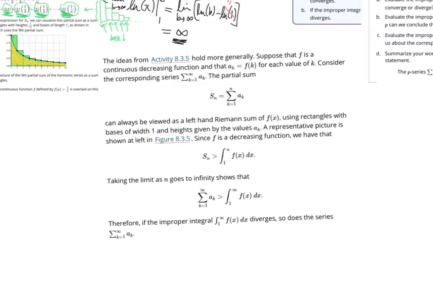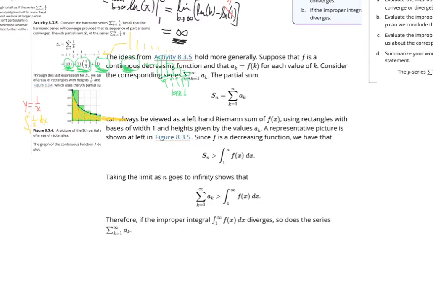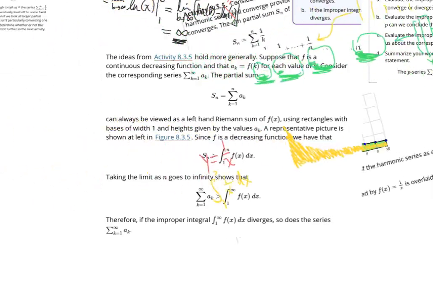If f is a continuous decreasing function and the terms of our series are given by the function evaluated at positive integers, then we have this partial sum for our series, and we can look at it as a left-hand Riemann sum.